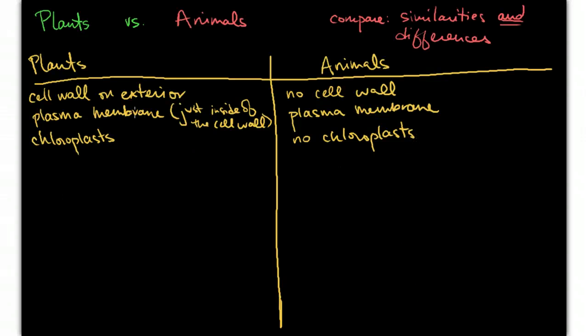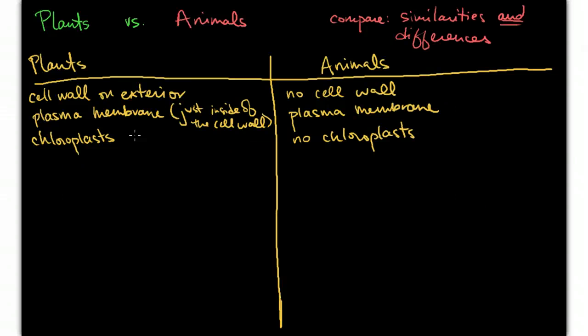So it's important to know that not all plants have chloroplasts. They might have some other plastid, which is a sugar storing or making organelle. Think of roots or potatoes. They're not green. They are part of a plant, so they're made out of plant cells. But they don't have those chloroplasts. And if you think a little bit about cell specialization, this comes into play as different cells have different jobs.